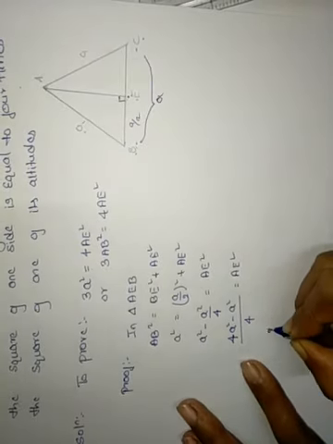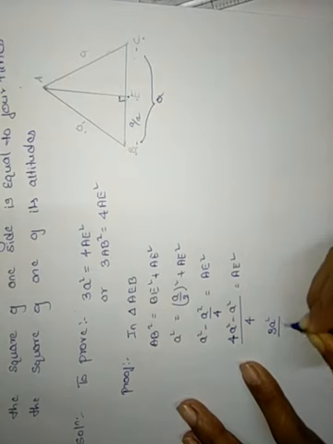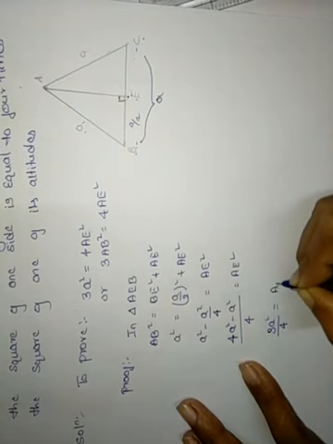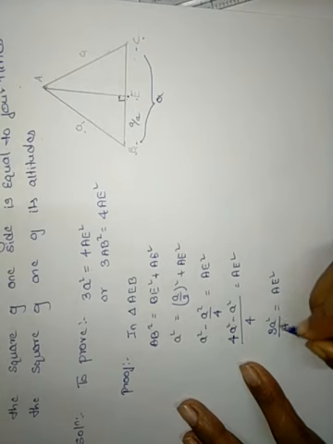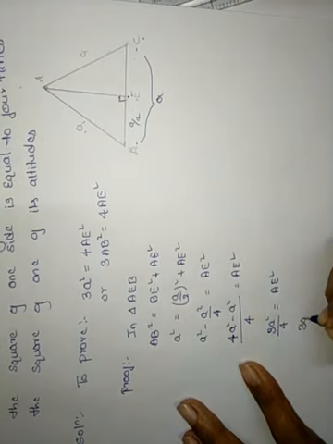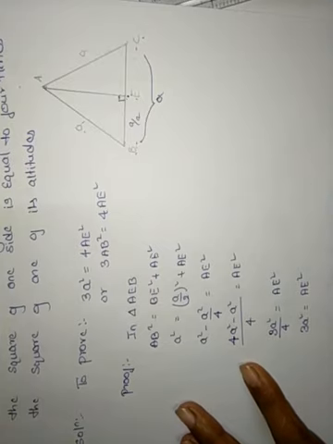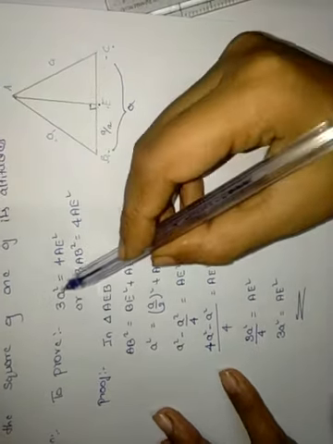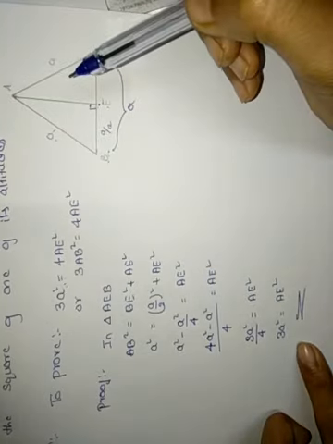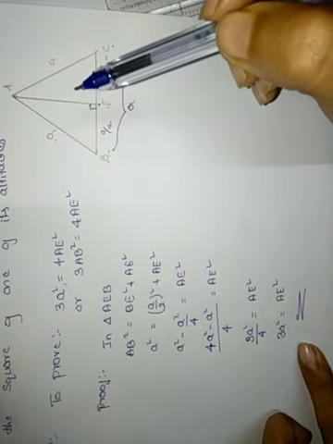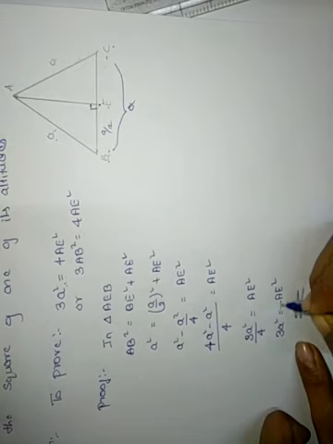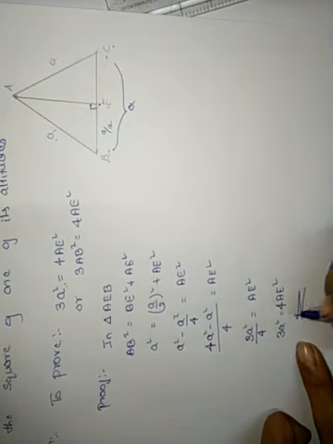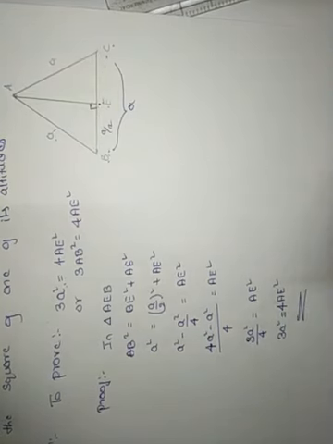Now on subtracting we'll get 3A square divided by 4 is equal to AE square. We'll bring 4 to the right hand side. 3A square is equal to 4AE square. Hence we proved, isn't it? You can see that we proved this now. Yes? Okay, sorry, here I had left out the 4, right? Now this completes the 16th problem.